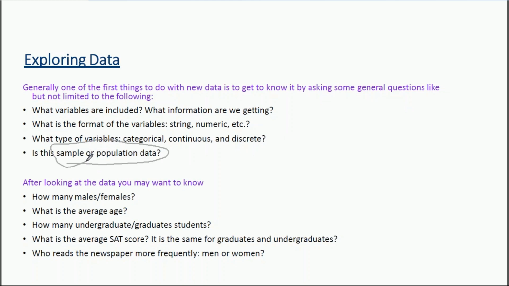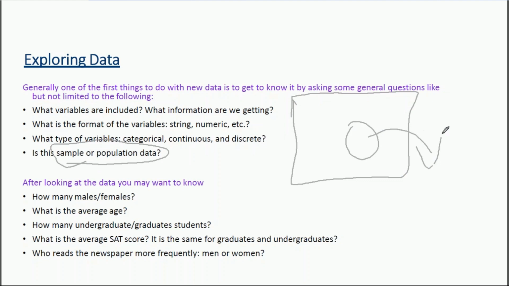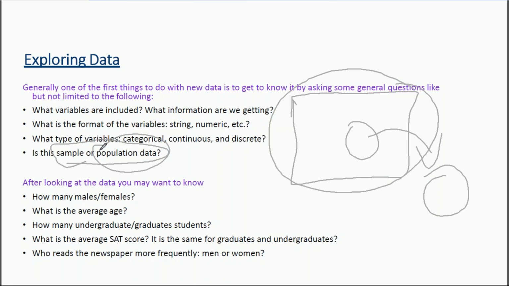That basically means, does it include everybody who is going to be affected by the decision I'm going to make, or is it just a subset taken from that entire population as a representative of the whole, on which I am going to apply the decision or the strategy I'm going to decide? If it is the whole data and includes everybody who will be affected, then that is population data. If I have taken out a smaller part and that's what I'm analyzing, then that is sample data. Whether it's population data or sample data is also something you have to keep in mind.